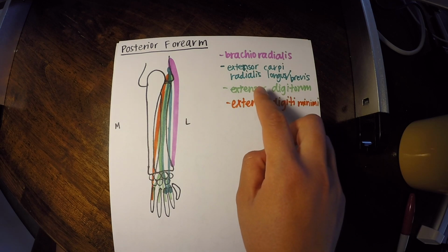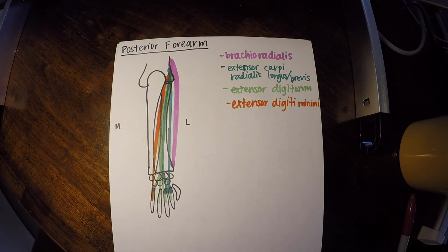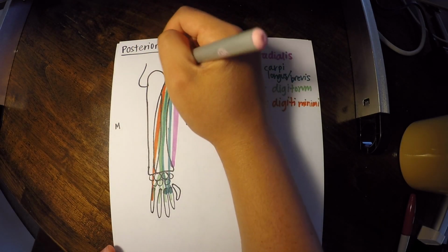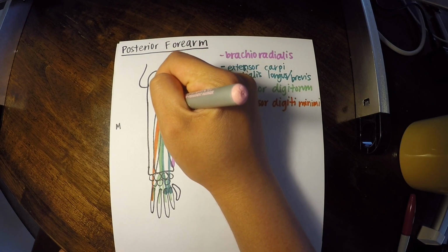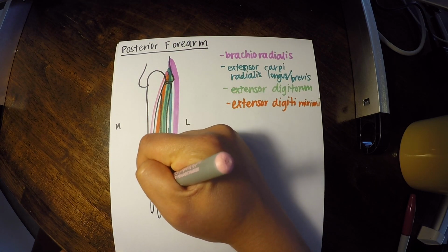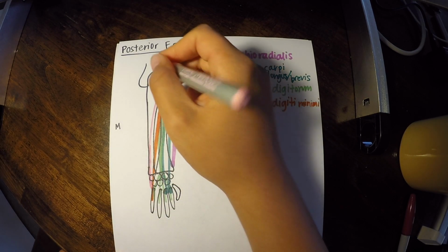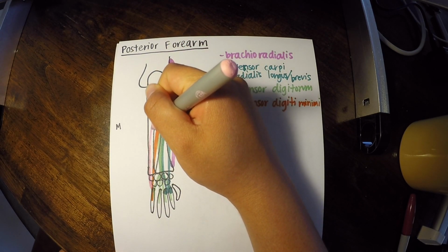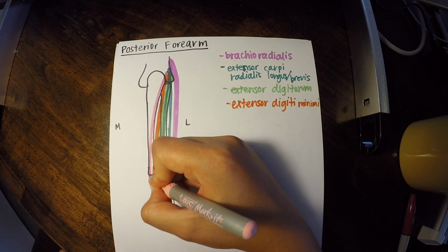Now, the same way that we have extensor carpi radialis, we're also going to have an extensor carpi ulnaris. Our extensor carpi ulnaris will also come from this part of the humerus, and it's going to come down and attach onto actually the fifth metacarpal there. But you don't need to know that. Just know that it comes down from the humerus and attaches here.